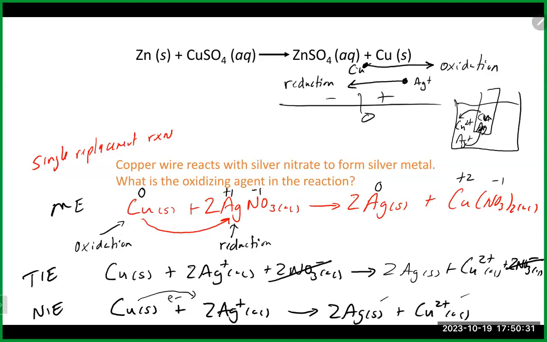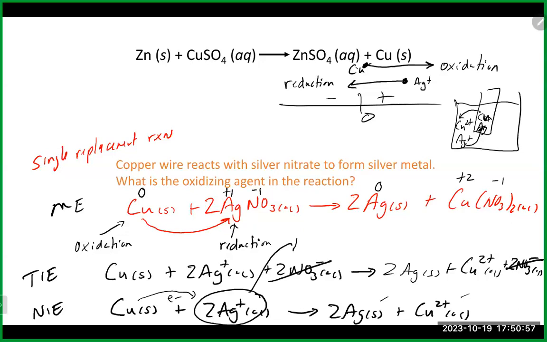So as you can see here, you can actually write a net ionic equation for a redox reaction like this, a single replacement reaction. And again, we have just the one spectator ion in this case. So to answer the question of what is the oxidizing agent, the oxidizing agent is the substance that is being reduced, which is the silver in this case.